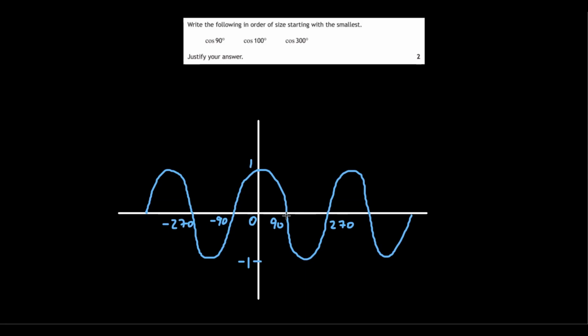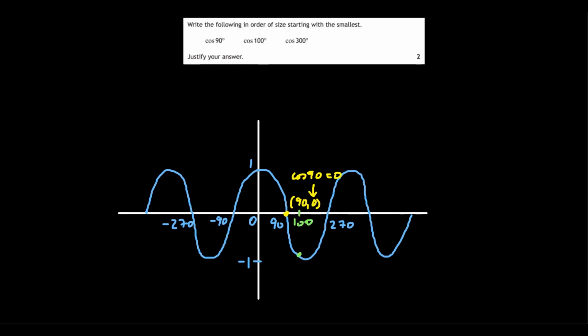And then cos 90 would be over here on the graph. So that point would be (90, 0). And that simply means that cos 90 equals 0, as we've just seen. And then we've got cos 100. So that would be somewhere here.